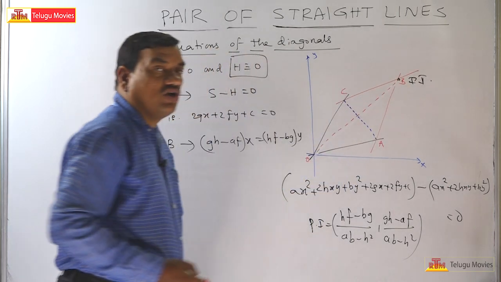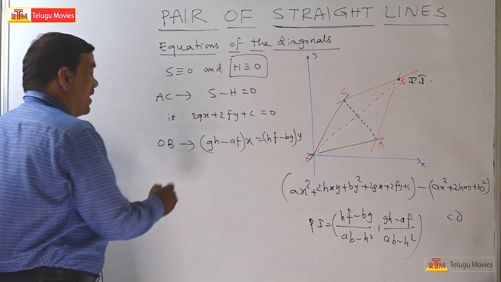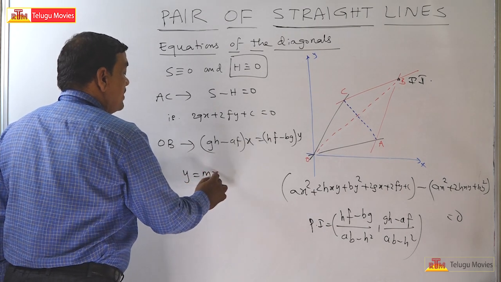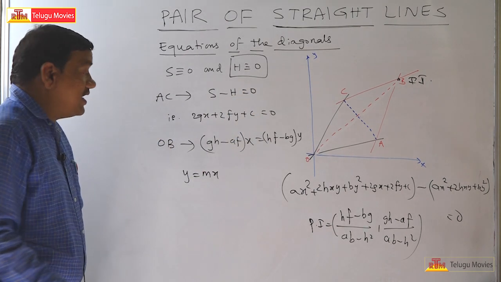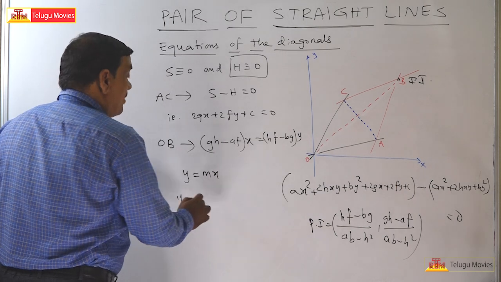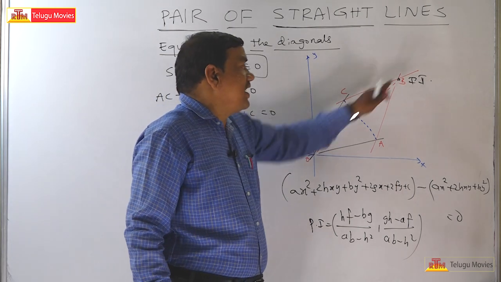What is the equation of that line? y = mx, where m is the slope of the line OB.